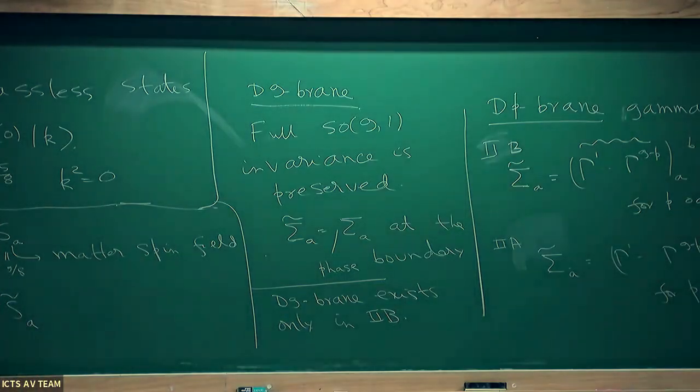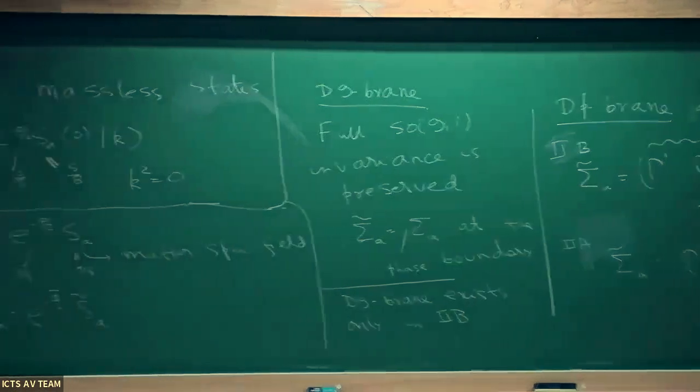Okay, so let me give a brief outline of how one could possibly derive this. For this, we'll start from the D9 brane and then try to work our way towards general Dp.